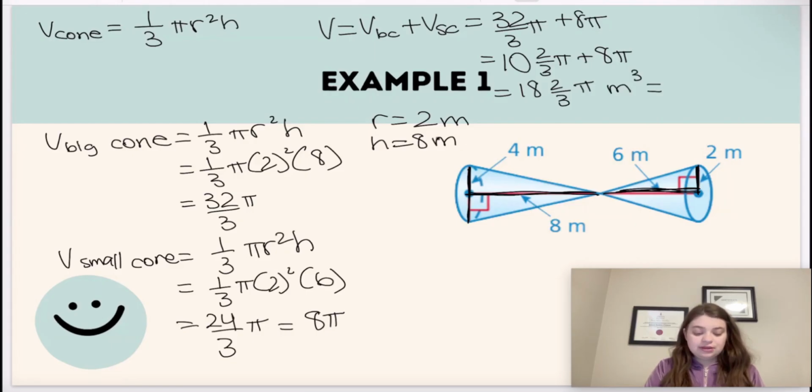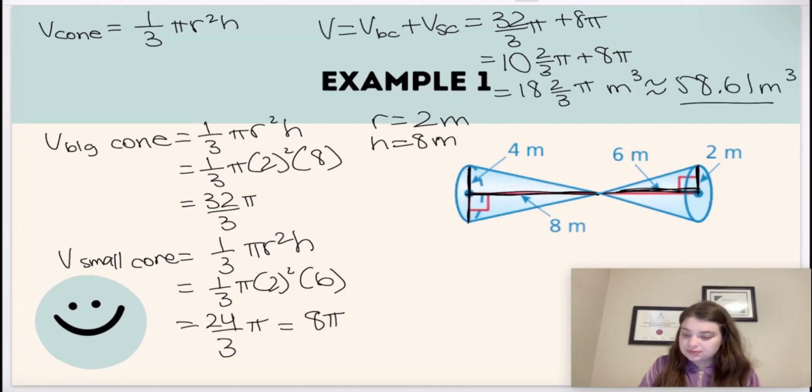Now let's say that they would like the approximation. In that case, we can use 3.14 for pi. So we can do 18 and 2/3 and then multiply by 3.14 as a substitute for pi, and that means this is approximately equal to, if we round to 2 decimal places, 58.61 cubic meters.